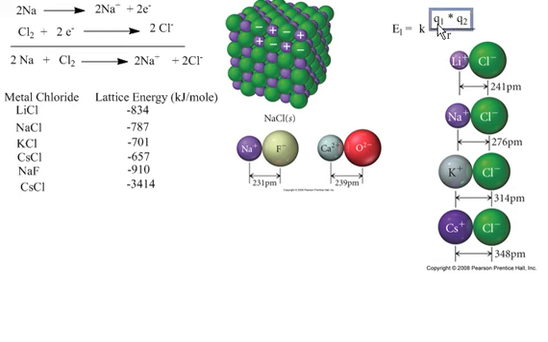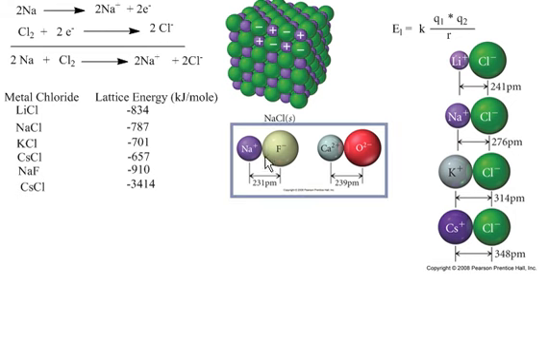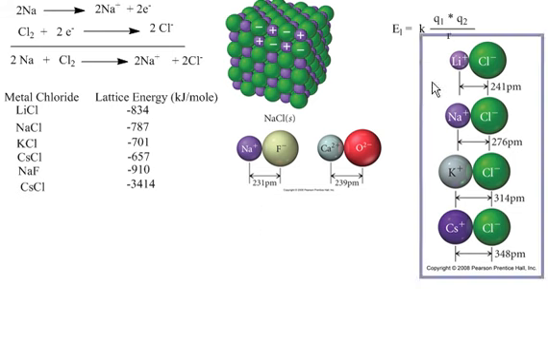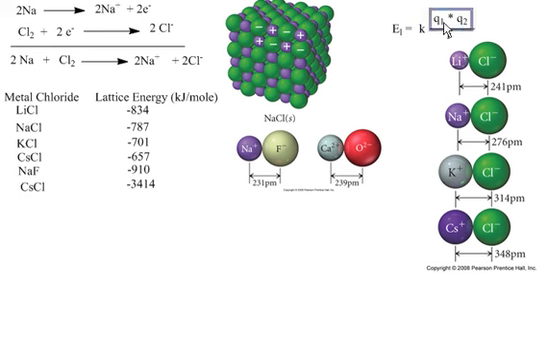That means that this Q term is going to be a lot larger than it was for sodium fluoride. 2 times 2 is 4 versus 1 times 1 is 1. So you might expect it to be somewhere on the order of 4 times larger. And if we look, it's -910 versus -3414. So it does match our prediction that the larger charge on the calcium oxide gives a larger lattice energy.